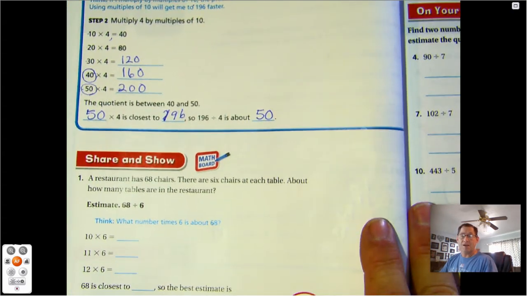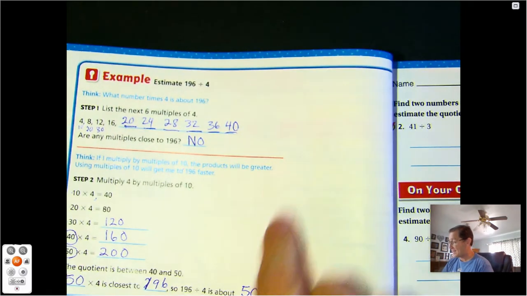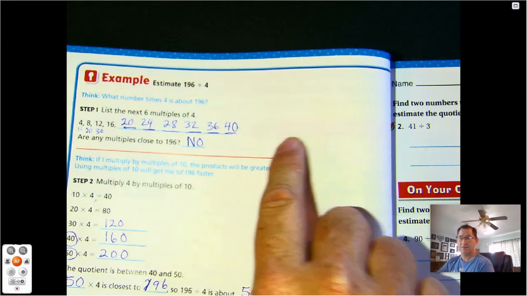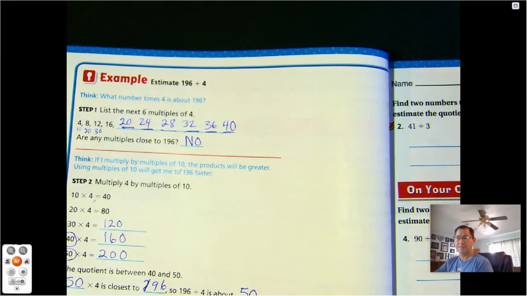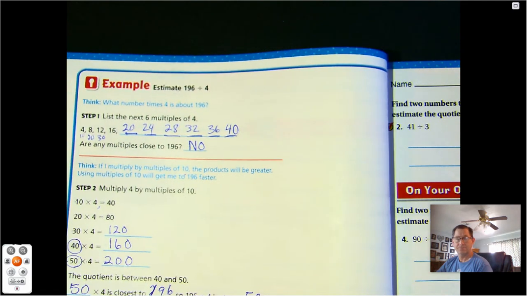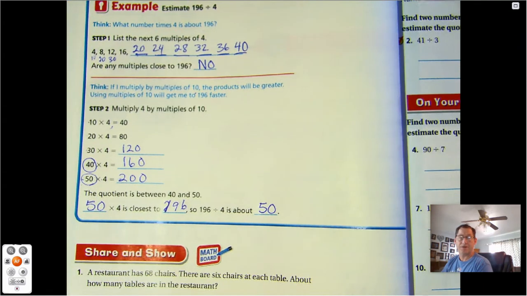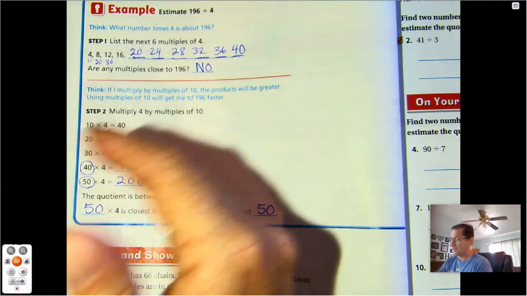So let's go back and look. If I skip counted by 4s, if I kept going, that means I would have had to have 50 lines. Oh my goodness, that would have taken me a long time. Who's got time for that? All right, so let's use some math logic and say, no, let's do it by multiples of 10.